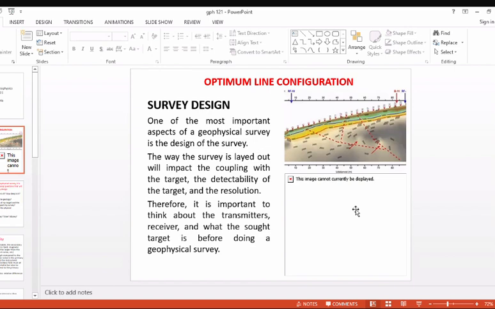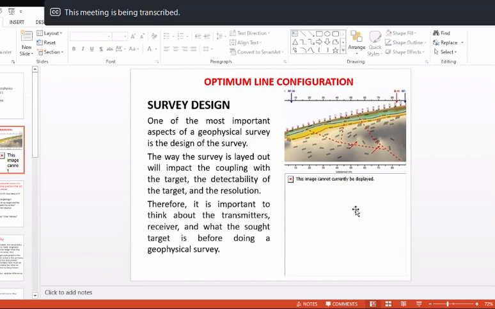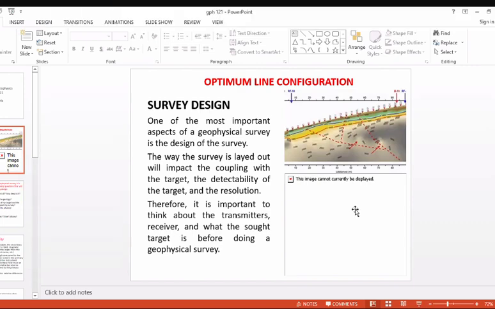One of those things we are going to be looking at is the purpose why we want to carry out that survey. You are going to be learning from other lecturers the different types of geophysical tools we use for subsurface investigation.